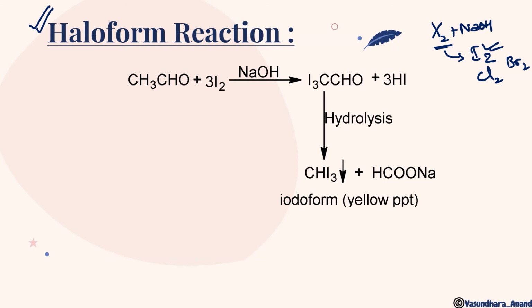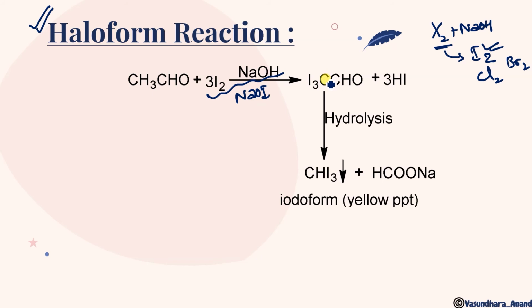Okay, so first what we will do, CH3CHO when iodine and NaOH, this reagent can also be written as NaOI, sodium hypoiodite. So what happens when this reagent reacts? First it undergoes a substitution reaction. So this hydrogen will be substituted by iodine, 3 moles of iodine. So this will form triiodoacetaldehyde. Clear?